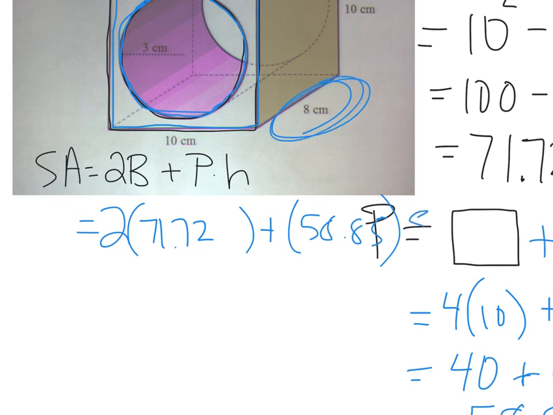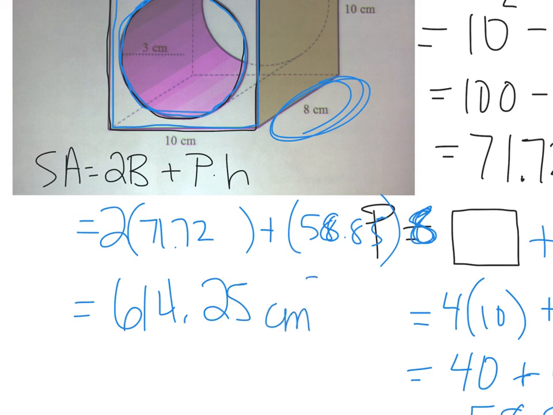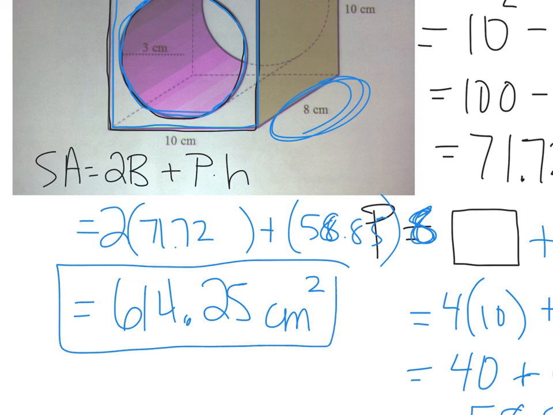The height is the distance in between your bases. Now all this goes into your calculator, and that gives us a total surface area of 614.25 square centimeters. That takes into account every single one of the surfaces, so we don't have to add them up separately.